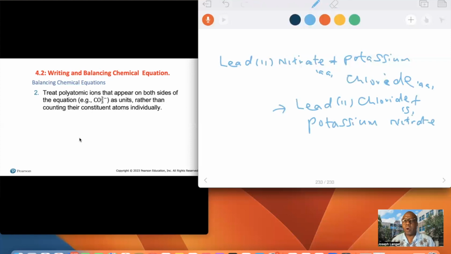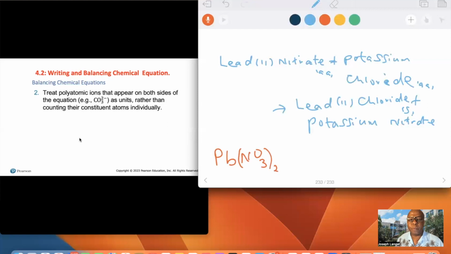So this is a worded chemical equation. I'm just raising a red flag that you should be able to translate a worded chemical equation to formulas, and then you balance. That's what we are doing right now. So here you will see that lead 2 nitrate is Pb(NO3)2, with subscript 2.